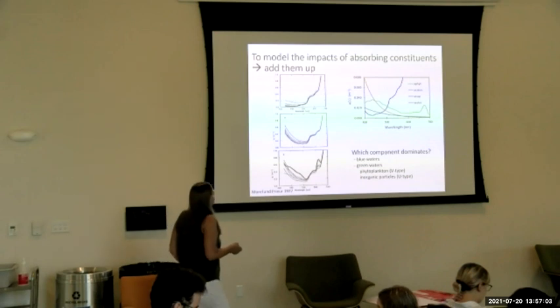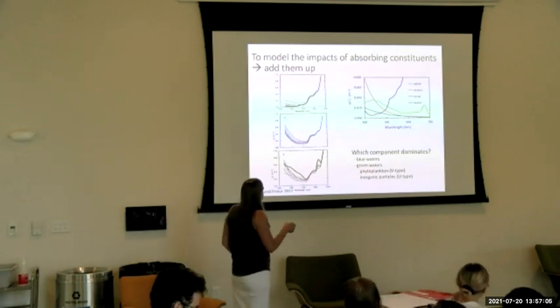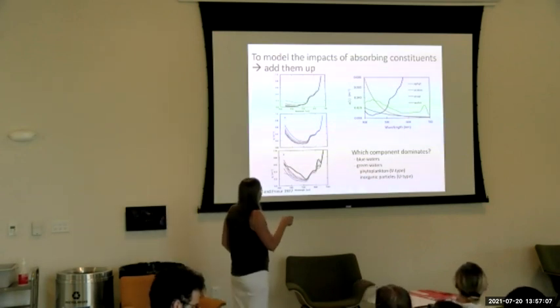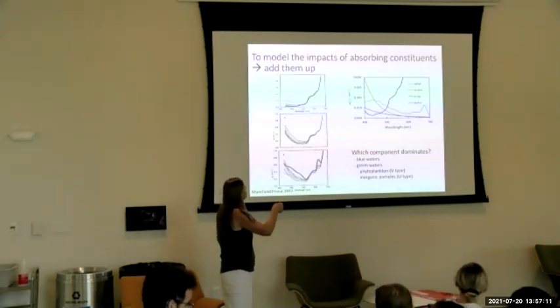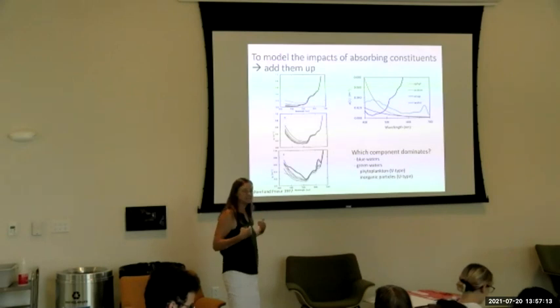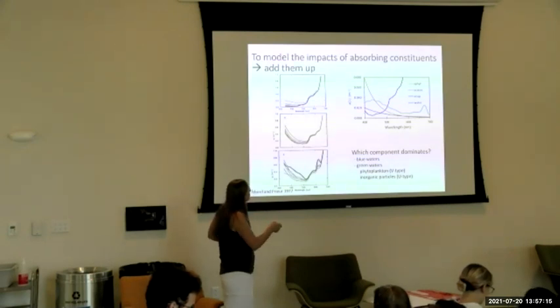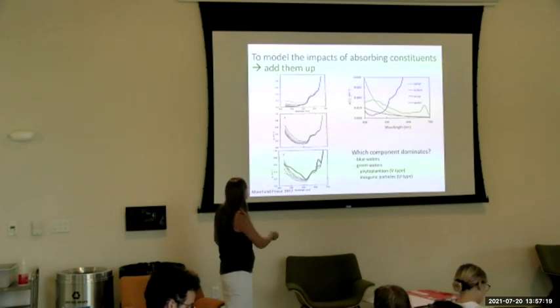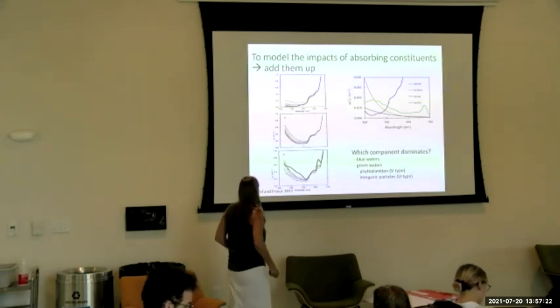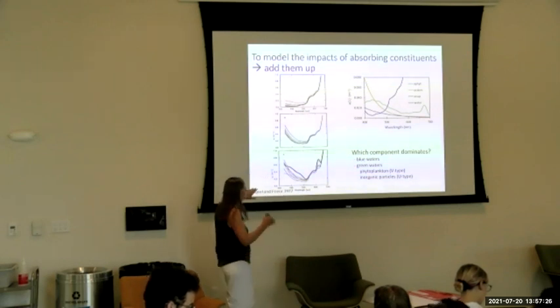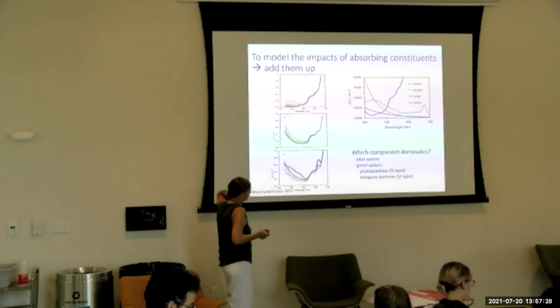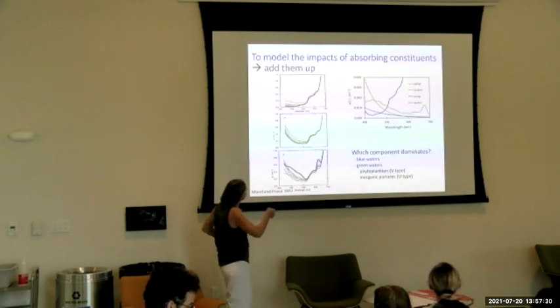And so for modeling, if you want to model absorption, you can just measure all the constituents and add them up. Or by inversion, you can measure the total absorption and deconstruct it into various components. If we have phytoplankton, CDOM, NAP, and water, we can just add them all up. And we'll talk a bit later about this beautiful paper by Morel and Prieur about variations in absorption and reflectance.